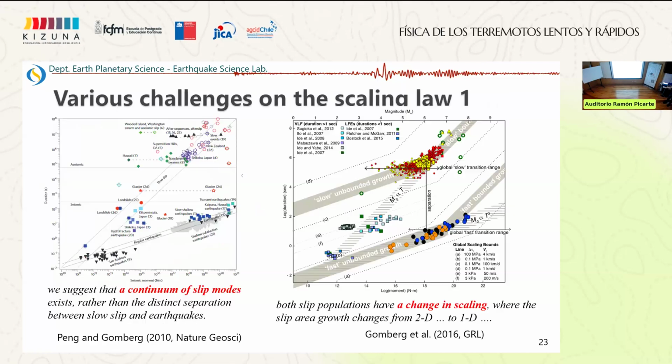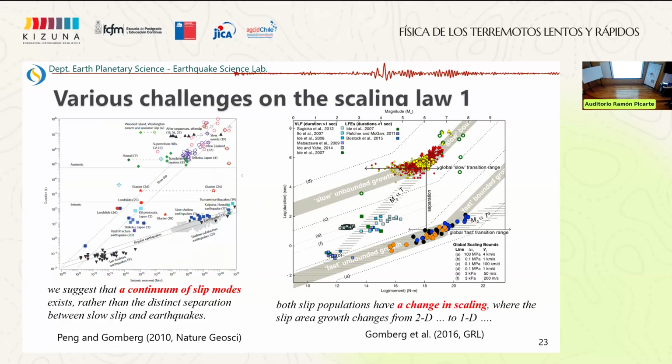Some people suggested that there must be something missing between the slow earthquake line and the fast earthquake line, and they plotted some events. But these events are not earthquakes. These are actually glacier earthquakes, earthquakes in ice. So it's a totally different event.